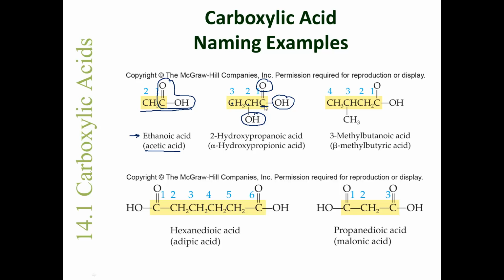So the longest chain is 3 carbons long, so that's where we get the propane. And because it's a carboxylic acid, it gets the oic acid. And then to tell the person there's this hydroxyl group, we say 2-hydroxy propanoic acid.